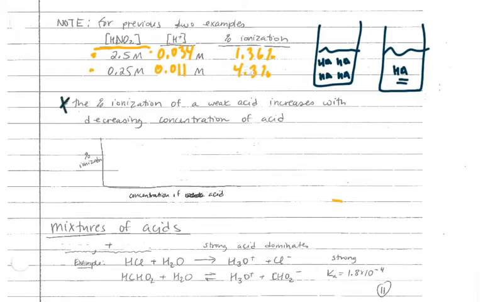So the trend to note is that the percent ionization of a weak acid increases with decreasing concentration of acid. And we can sort of graph this out here if we call this 100% ionization. Only strong acids will dissociate 100% and at any concentration. So at any concentration, you'll get 100% ionization of a strong acid. But for weak acids, they don't get anywhere close to 100%.